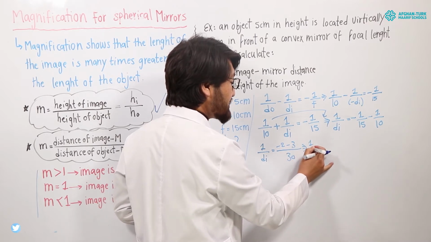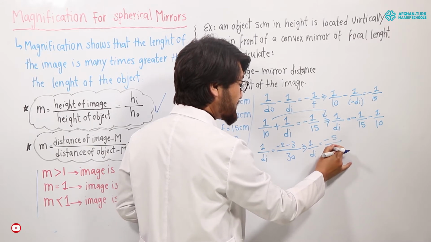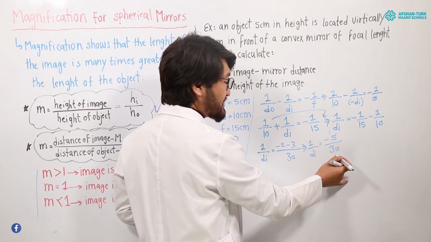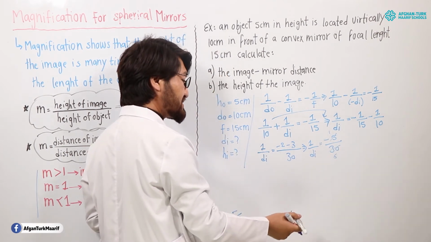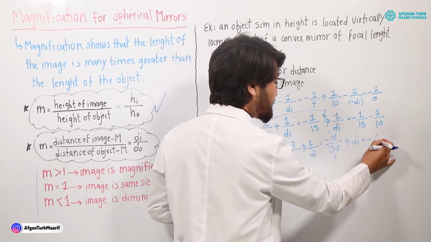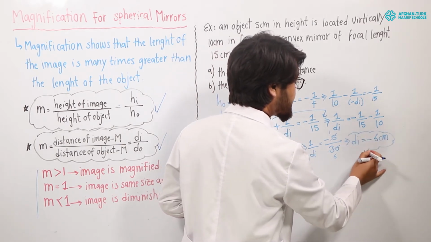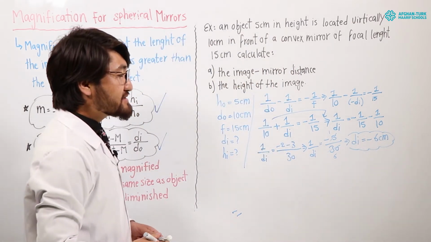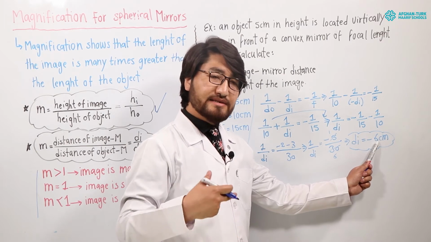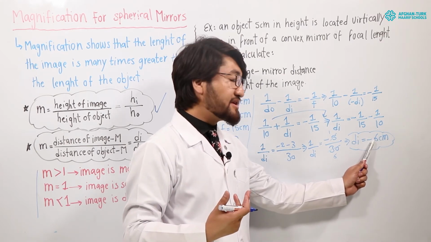And 1 over DI is equal to minus 1 over 30. DI is equal to minus 30 centimeter. This negative sign says that the image is behind the mirror and the image is virtual.